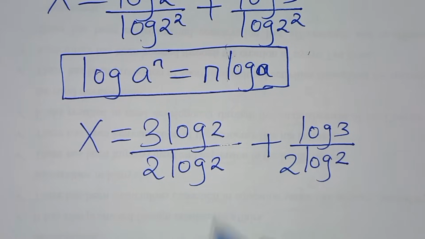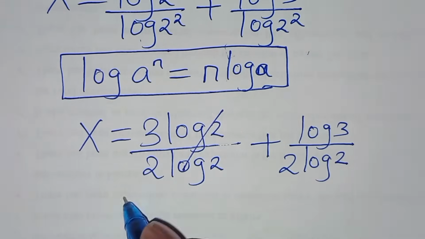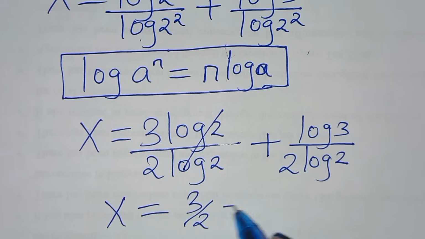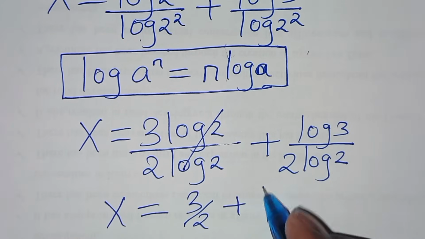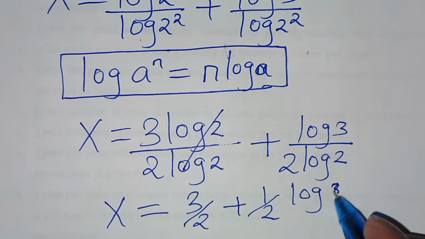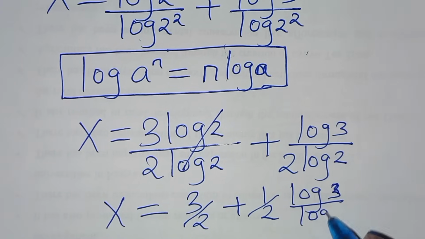So let's simplify here. Log 2 and log 2 simplify, so that x equals 3 over 2 plus a half log 3 divided by log 2.